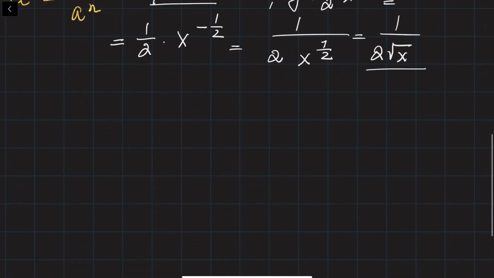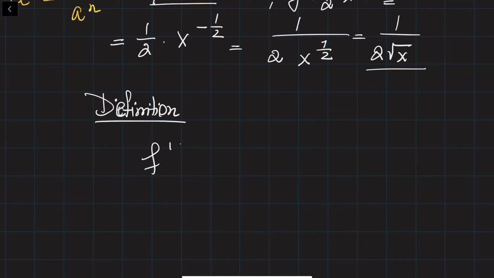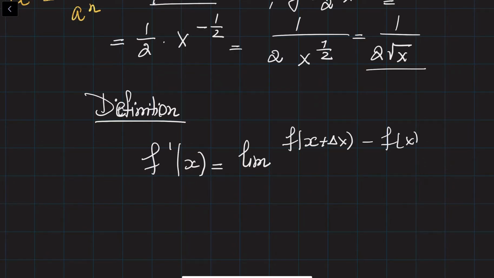Okay, so if you remember the definition of the derivative, how we find the derivatives using limits, it was f prime of x, or at some point x0, is equal to the limit of f of x plus delta x minus f of x divided by delta x, where this delta x goes to 0.